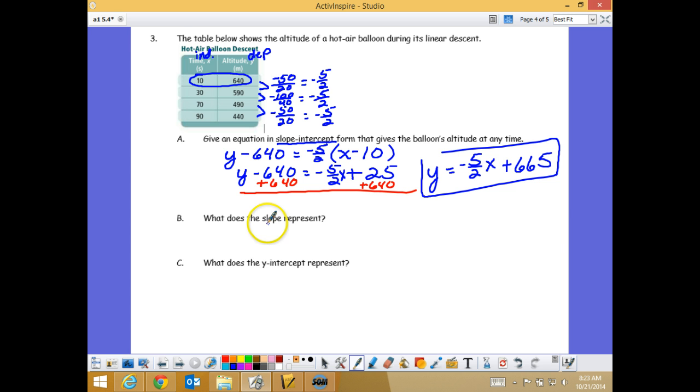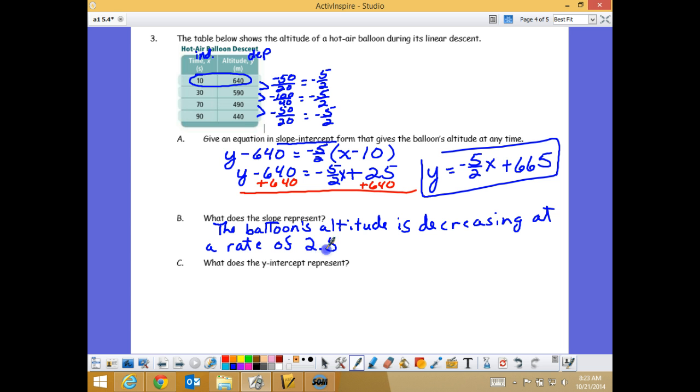Now, the slope is negative 5 halves, or negative 2.5. What that means in this situation is that the balloon's altitude is decreasing at a rate of 2.5 meters per second.